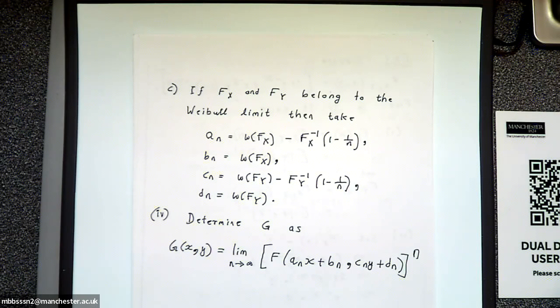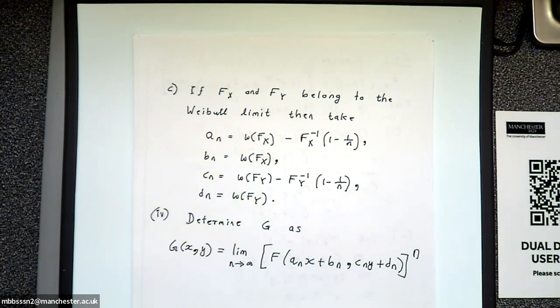It's also possible that Fx could belong to the Gumbel domain, whereas Fy could belong to the Fréchet domain. But as far as this course is concerned, the questions that you will get in the exam will belong to one of the 3 cases, A, B, or C, where both marginals, Fx and Fy, belong to one of the 3 domains of attraction, either Gumbel, Fréchet, or Weibull. Okay, guys? But in practice, it's possible.